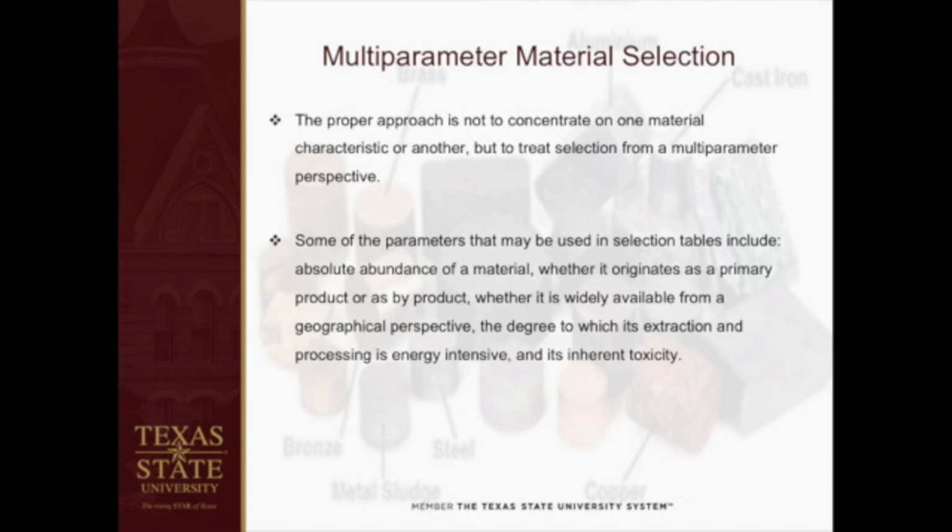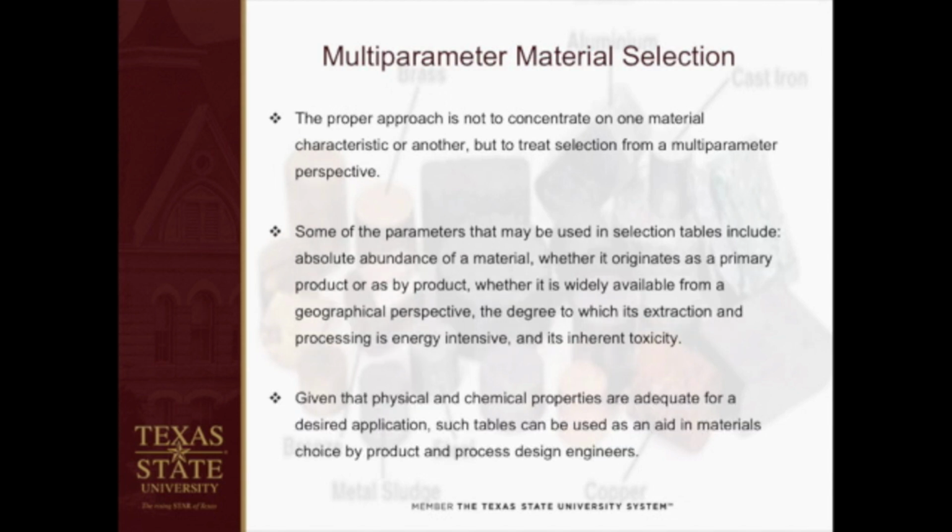So there's a whole range of things we must look at. And so, given that the physical and chemical properties are alike and the cost is reasonable, we should choose a product that is optimal in a very broad sense and not confine ourselves to a few properties. There is a chart in your book that may be useful for our discussion here.